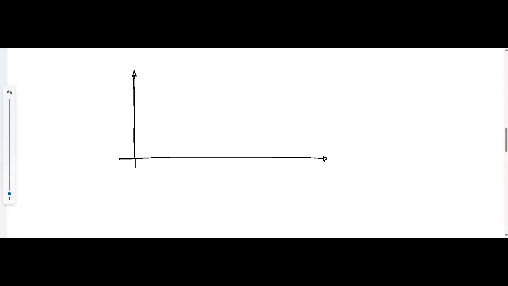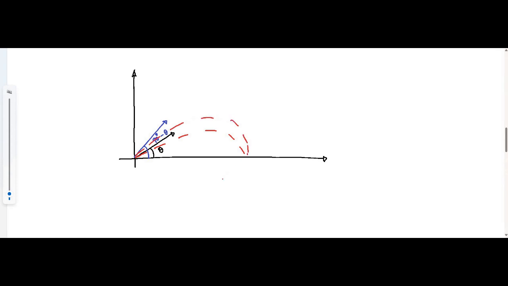Let's say the first projection angle is theta, okay, and the second projection angle is its complementary angle 90 degree minus theta, okay, 90 degree minus theta. So in both the cases the horizontal range will be the same. Okay, and in this case also it will be the same.